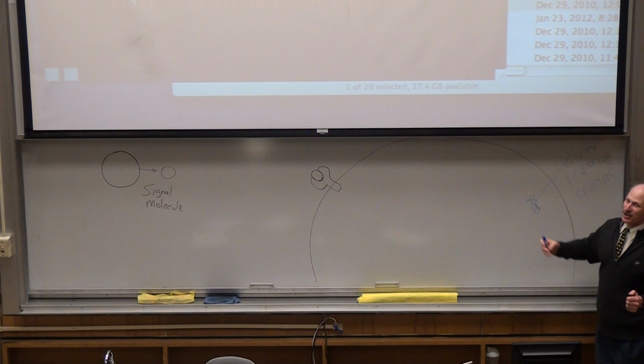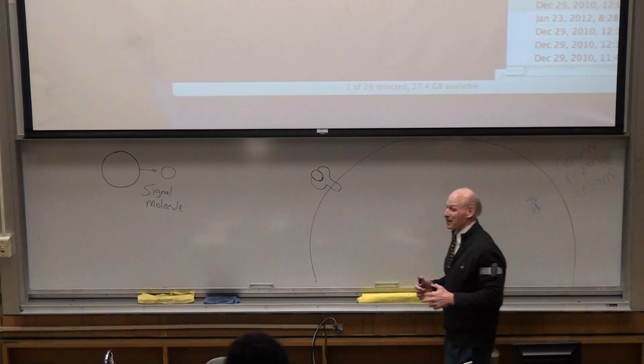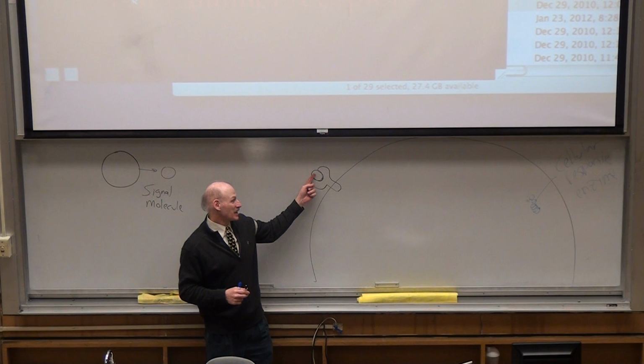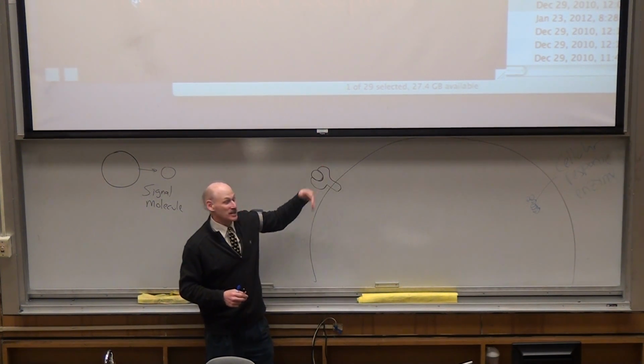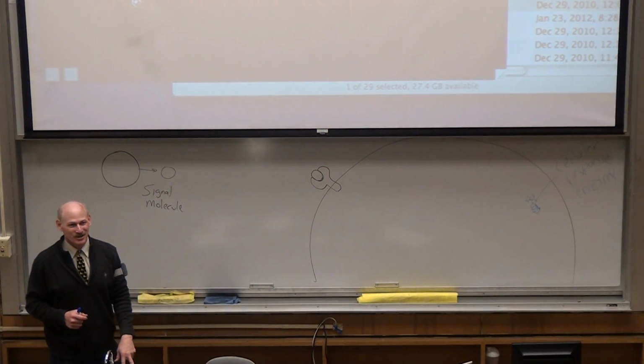Each target cell has some pre-programmed response of what it's supposed to do when it binds that particular signal molecule. I gave you an example: liver cells, when they bind the signal molecule epinephrine, start releasing glucose out of the cell. There was another example.